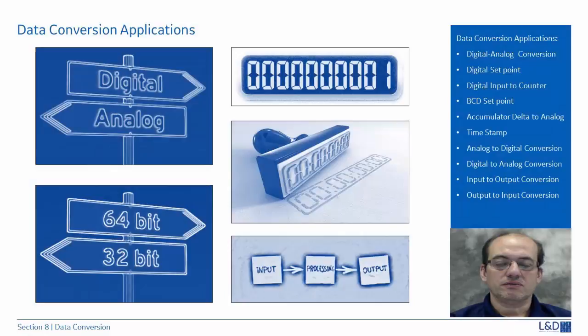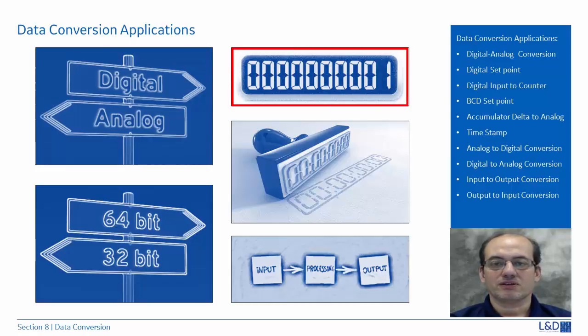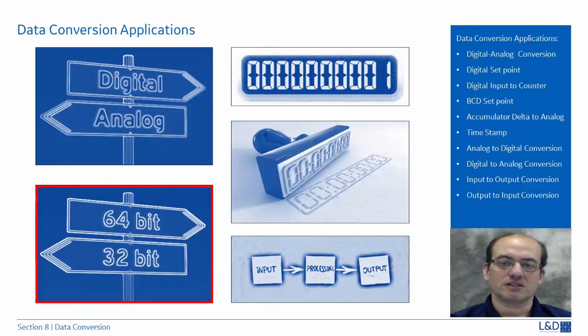In a substation environment, there is always a need for converting either analogs to digital or digital to analogs, or converting an input to an output or an output to an input. Also converting the type, whether it is 12-bit to 16-bit, 16 to 12, and so forth, like 32 to 64-bit.